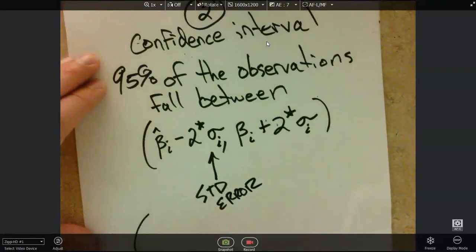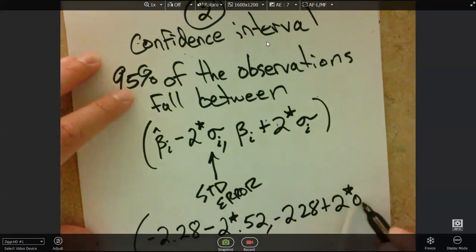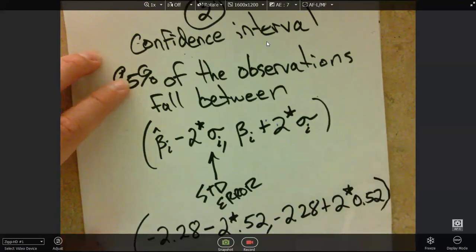And so it would be negative 2.28 minus 2 times 0.52. And then negative 2.28 plus 2 times 0.52. And so this is going to be negative 3.28, rounding, and this is going to be negative 1.28, right?